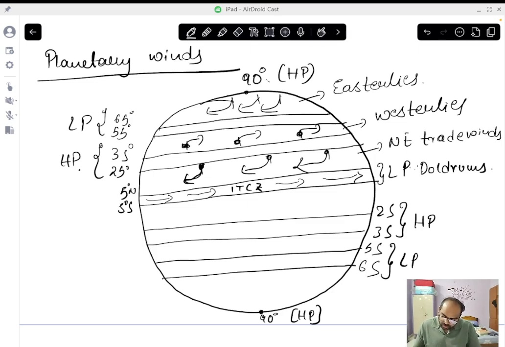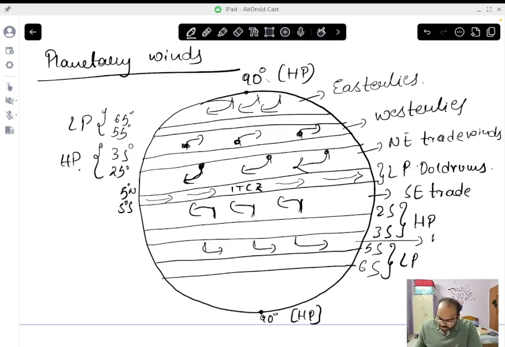From the subtropical high, winds blow towards the equator, and in the southern hemisphere they deflect leftwards, and they are called southeast trade winds. And from the subtropical high, the winds also travel towards the subpolar low, and here they deflect towards the left and blow like this, called westerlies.